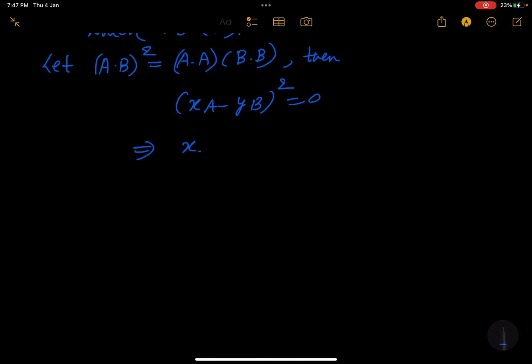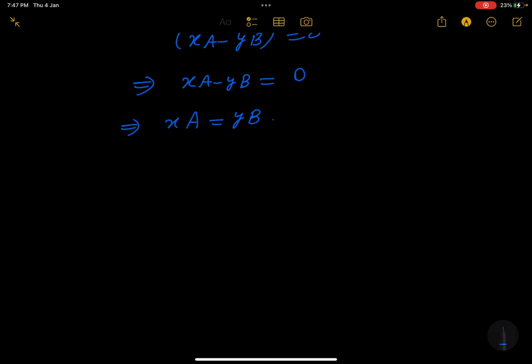That says that xA minus yB is the zero vector, so xA equals yB. This completes the proof. This says that A is a scalar multiple of the vector B. So A and B are dependent, in other words.